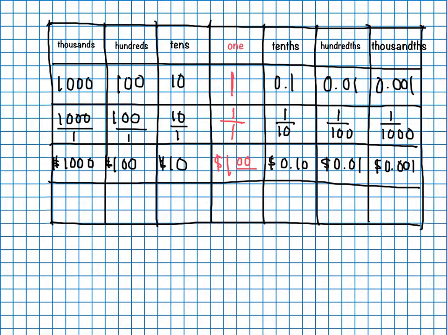Now, today we're going to add this new column down here. And basically what we're doing is just adding some new vocabulary. Because these are still going to be 1, 1/10, 1/100th, 1/1,000th, 10, 100, 1,000. But now, here in the middle one, we're going to put meter. Think of this as 1 meter.